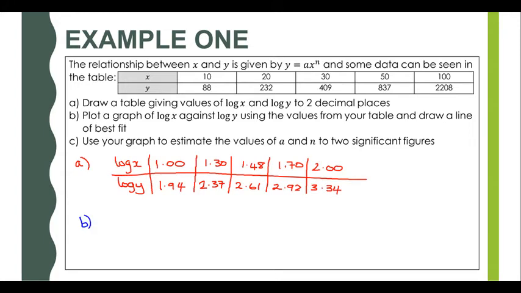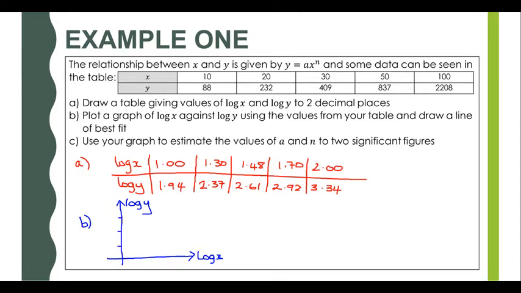So for part C, we need to plot a graph with log x on the horizontal axis and log y on the vertical axis. We can then put a scale on.